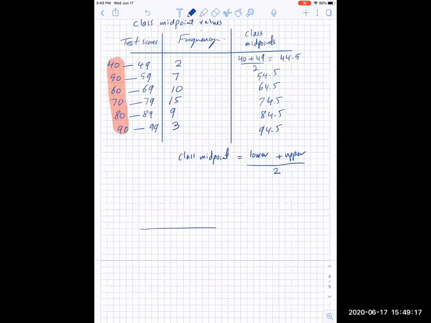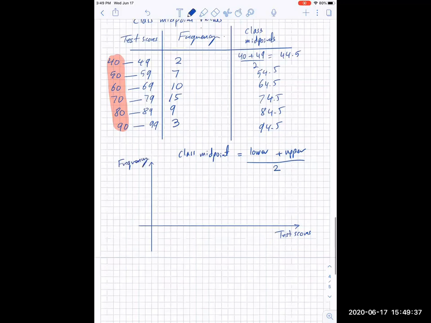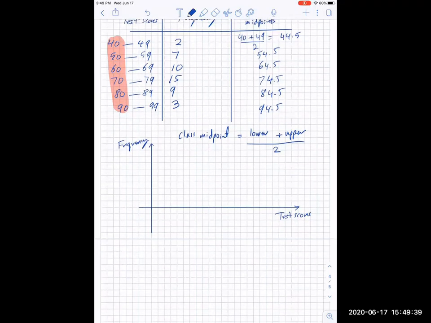I'm going to put them on the horizontal axis. Again, test scores. And then I'm going to label the vertical axis frequency. And we're going to put our class midpoints.